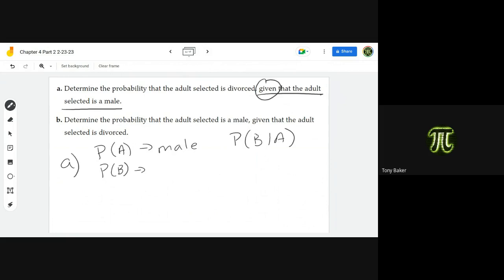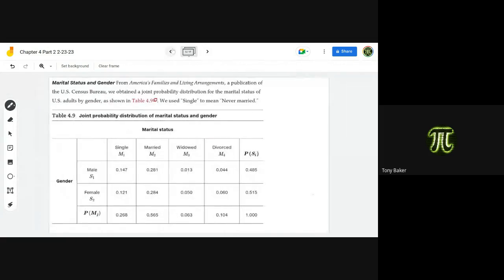So what's B in this situation? The divorced. Okay, so now let's go back. For male, the total is 0.485.